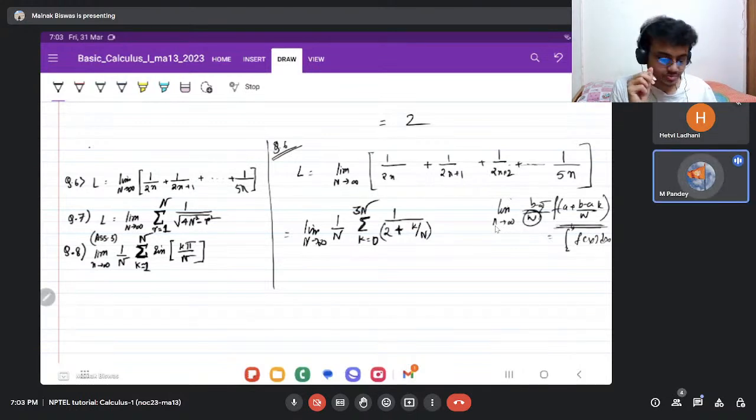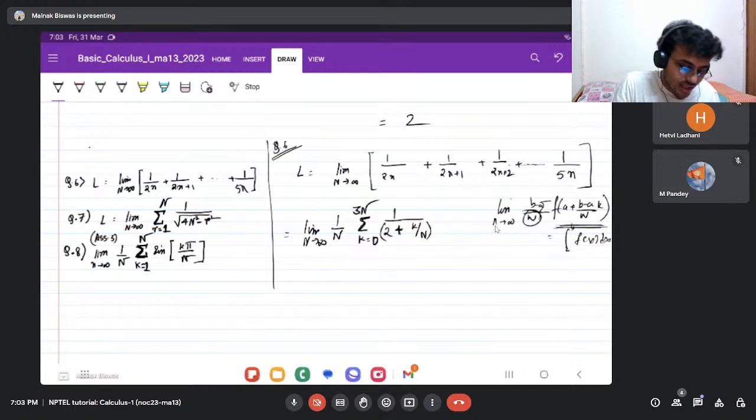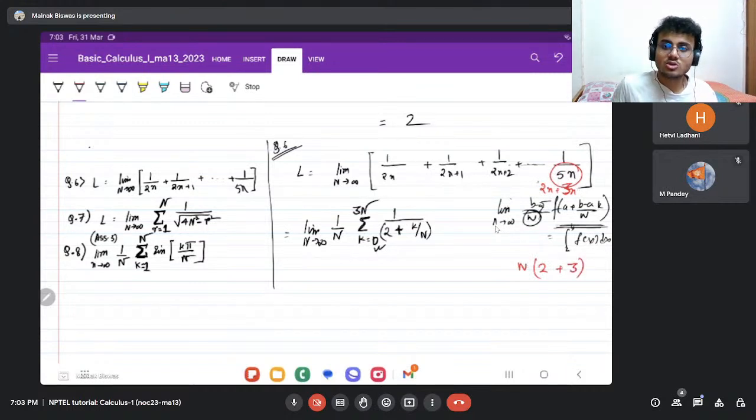Yes, sir. f of x is equal to 1 by 2 plus x now. Correct. But did you understand why it's between 0 and 3n? This is 5n, right? So this is 2n plus 3n. You need to go 3n out, right? Or if you take 2n common, you need to go 2 plus 3. So you're just not going to go 1 times but 3 times.